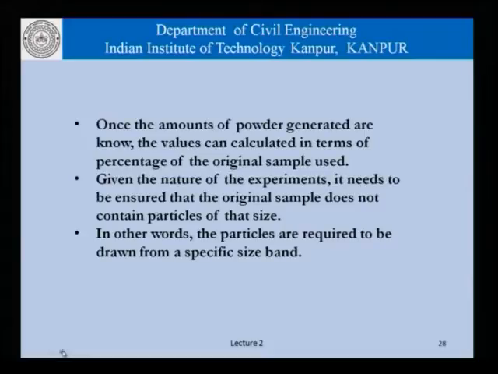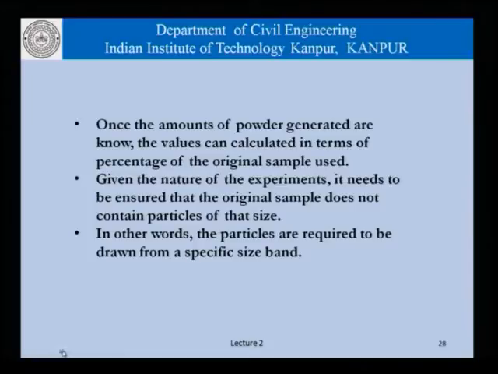Naturally, what that means is that once the amounts of powder generated are known, the values can be calculated in terms of the percentage of the original sample used, and given the nature of the experiments, it needs to be ensured that the original sample does not contain particles of that size. We cannot have fine particles or powder originally present in the sample, because that will interfere with our measurement of the impact value or the crushing value and so on.